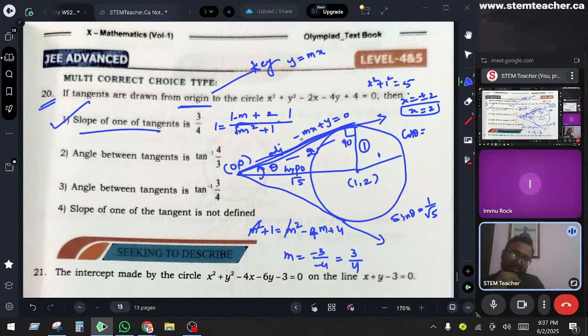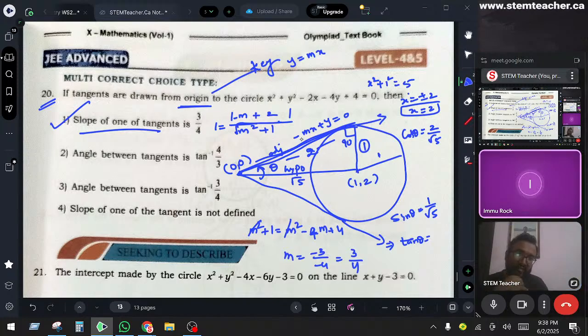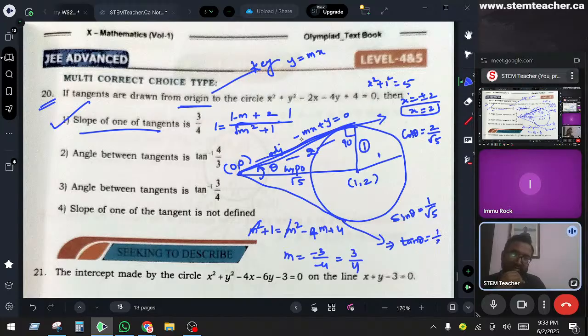And cos theta is equal to adjacent by hypotenuse, it's 2 by √5. So what about tan theta is equal to sin theta by cos theta, so 1 by √5 over 2 by √5, it's 1 by 2.